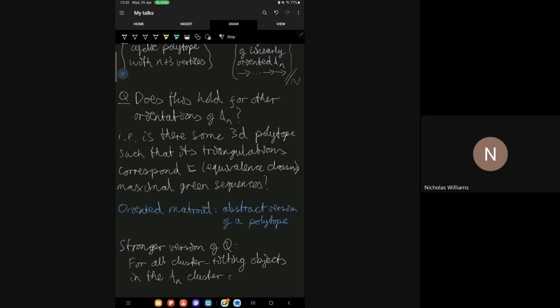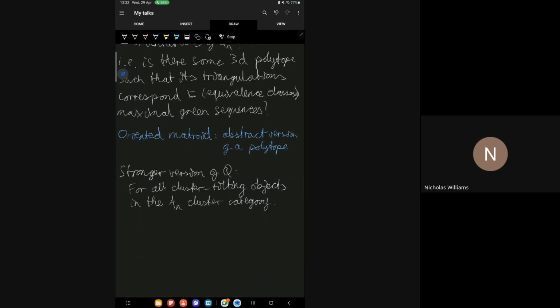And yeah, I'll define all of these terms in due course. Okay, so let me state the main theorem.